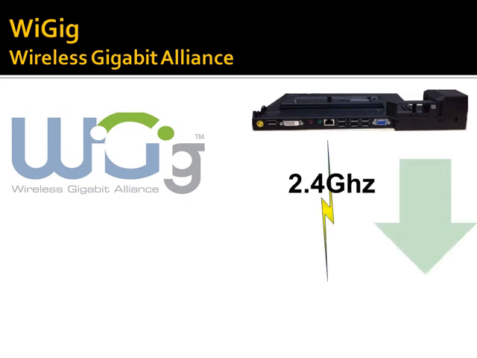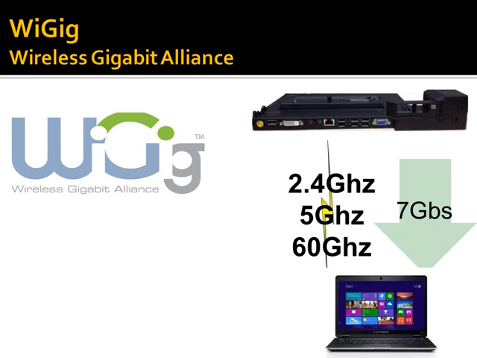It looks real similar to the one we just looked at: 2.4, 5 gig, and 60 gigahertz as a new band, supporting 7 gigabit links. Think about this as a really fast wireless USB port. That's the market niche they're going for.